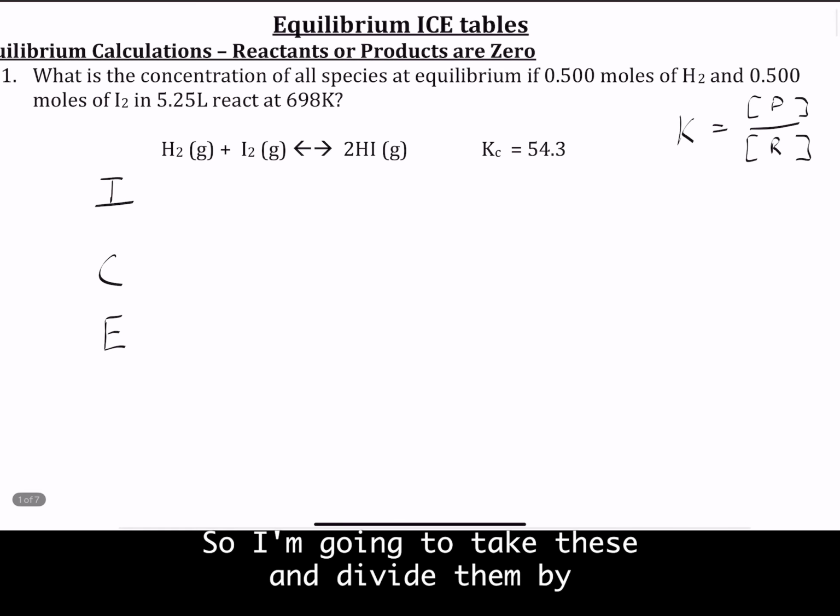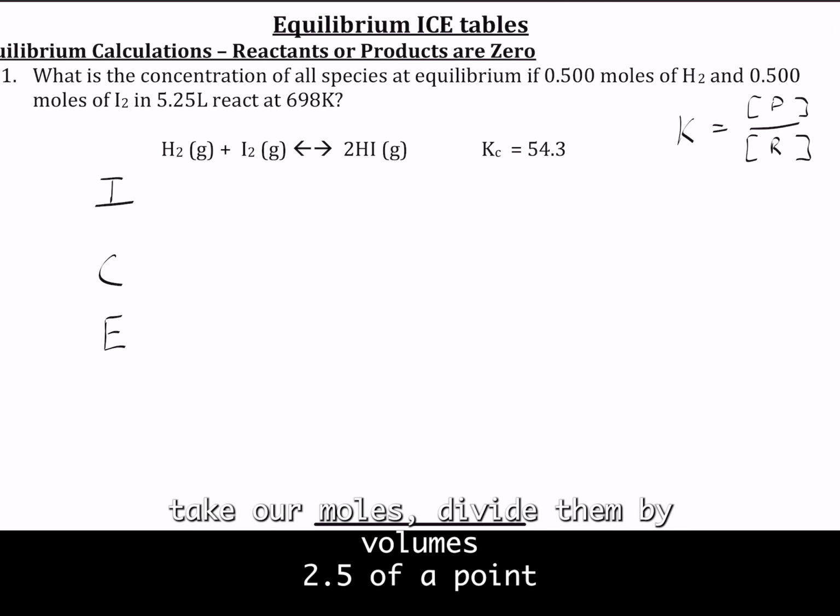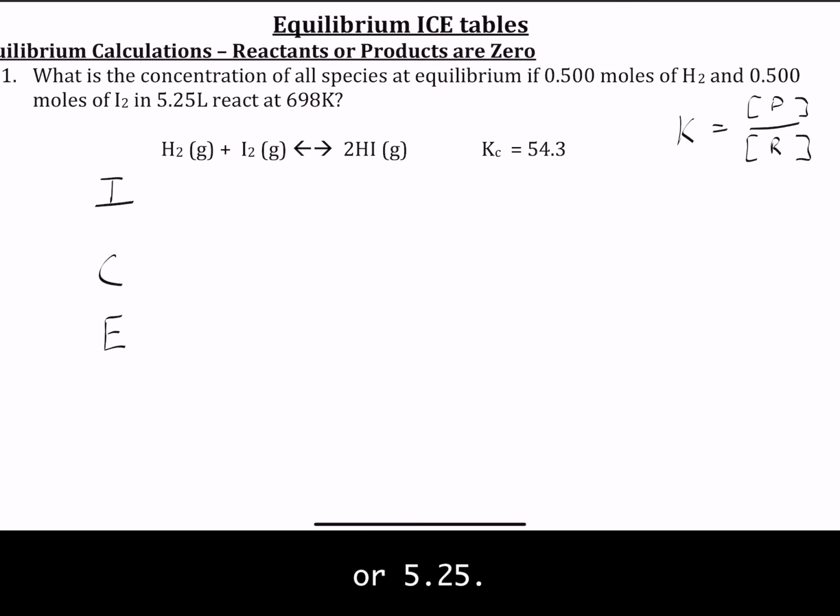So we're going to take our moles and divide them by volume, so 0.5 divided by 5.25. That's 0.095.